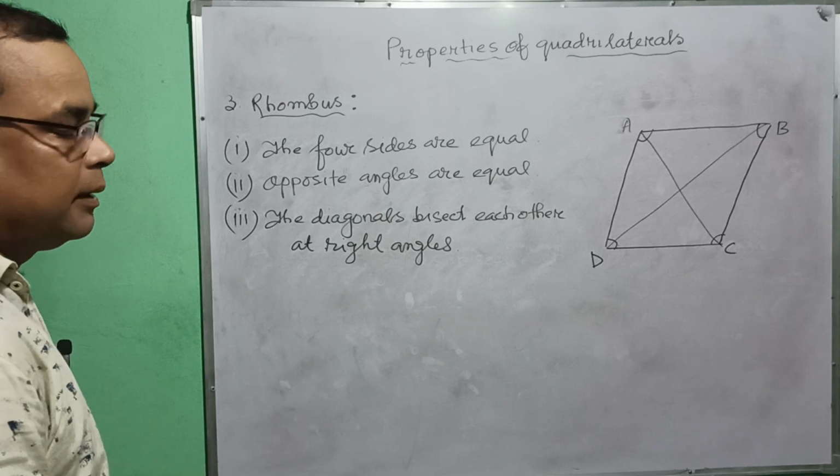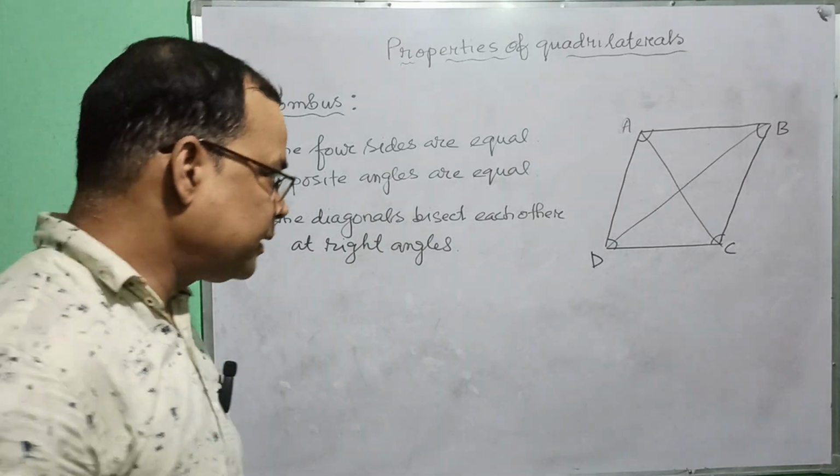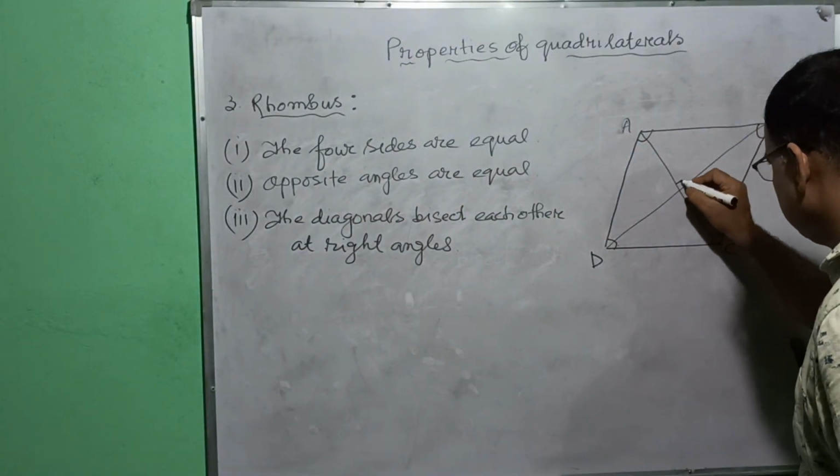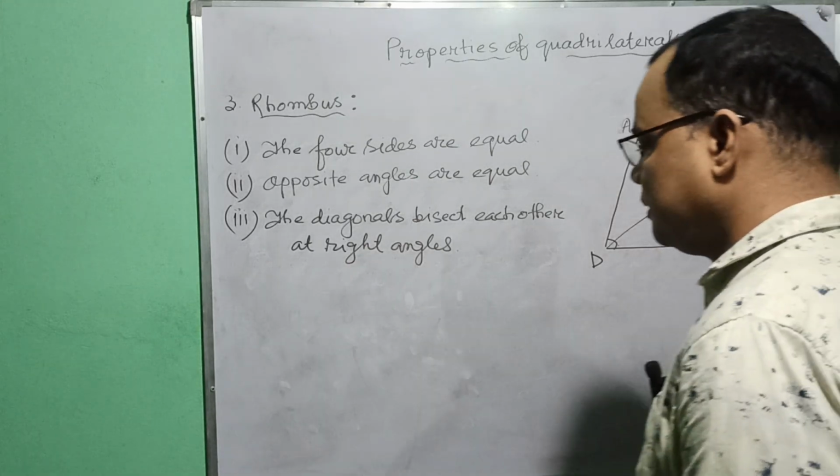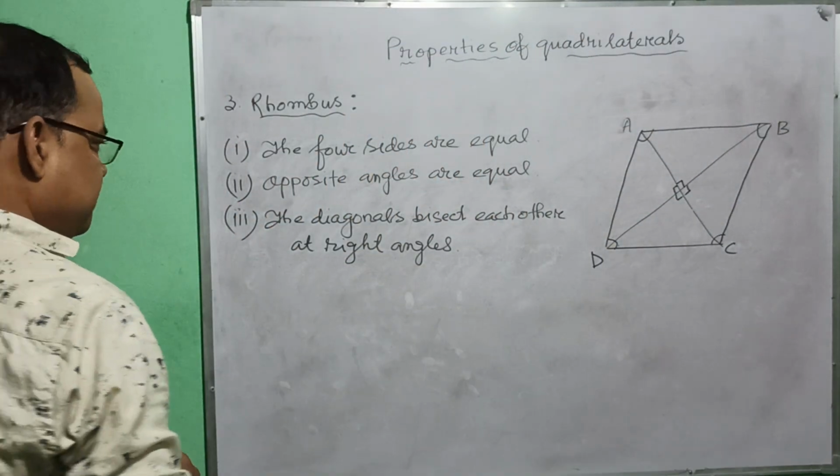So it is also like square. The diagonals bisect each other at right angles. It means this is 90 degrees, all are 90 degrees. So this is one of the important properties of a rhombus.